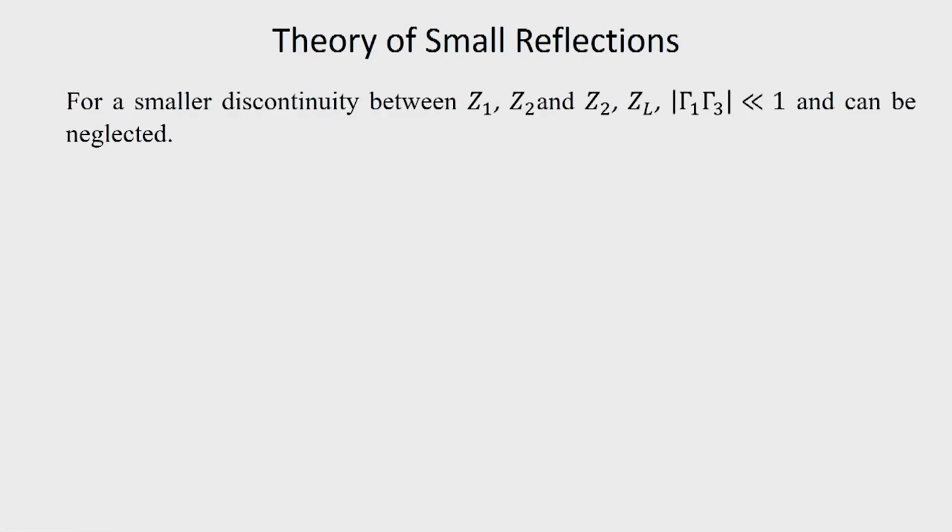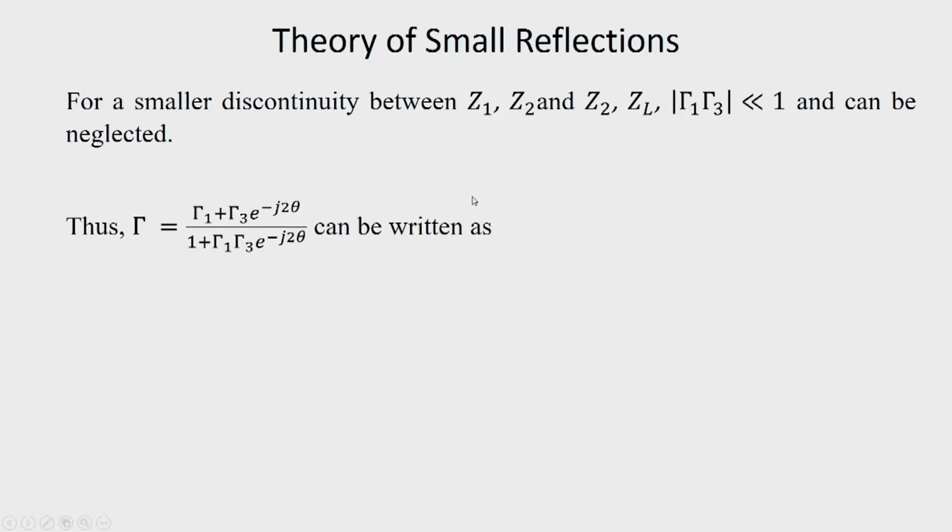Now, suppose we have the condition that discontinuity between Z1 and Z2 and Z2 and ZL, these are small, so that both gamma 1 and gamma 3, they are very small, and the magnitude of the product of gamma 1 and gamma 3 will be very, very small compared to 1, and neglecting this term, we neglect this with respect to 1 and we write gamma is equal to gamma 1 plus gamma 3 e to the power minus j 2 theta.